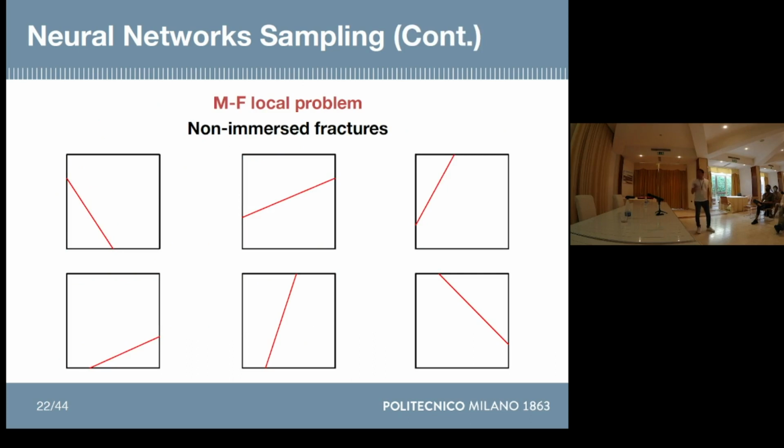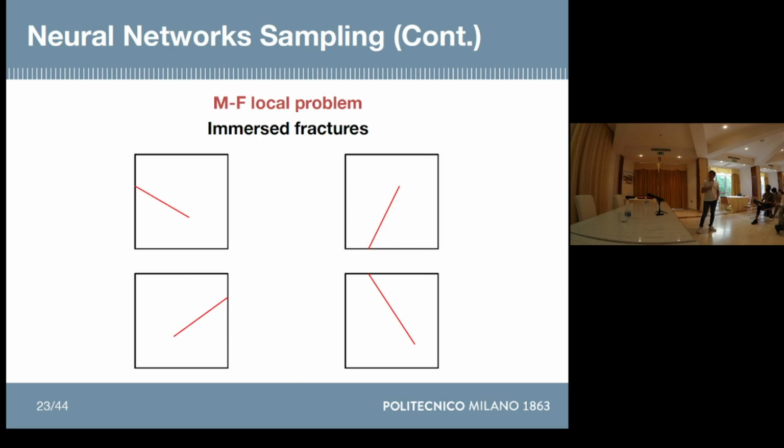So, in the matrix fracture local problem case and in the non-immersed fracture case, so for fractures that cut the domain from part to part, each boundary edge counts as a case, while for the immersed fractures, each boundary edge cell connection counts as a case.